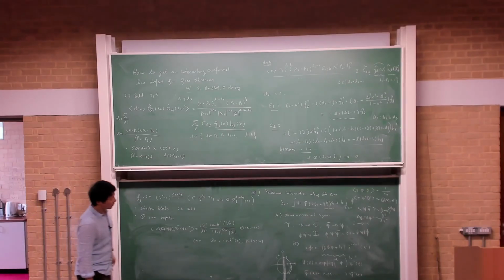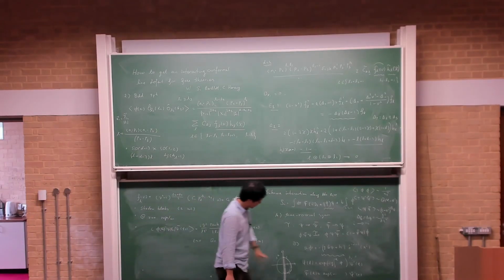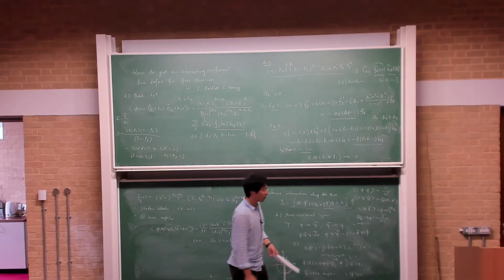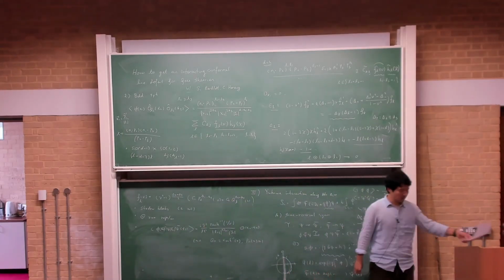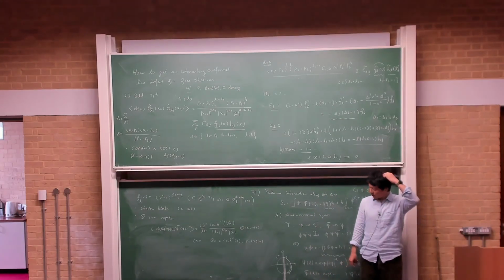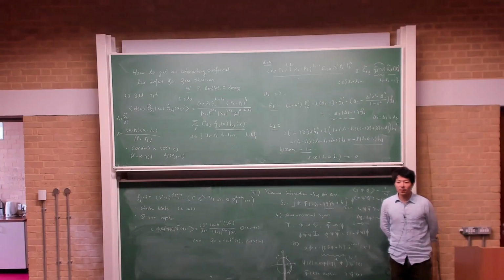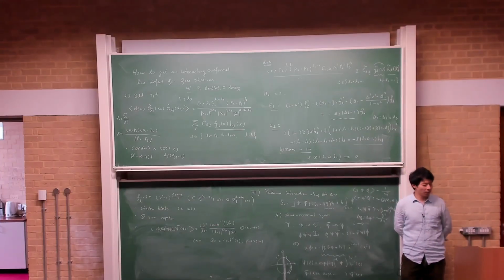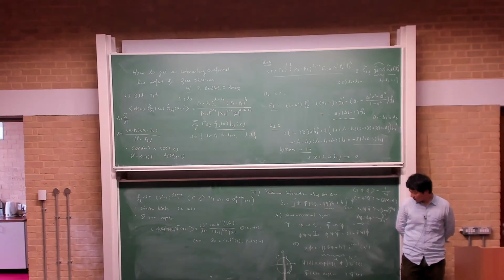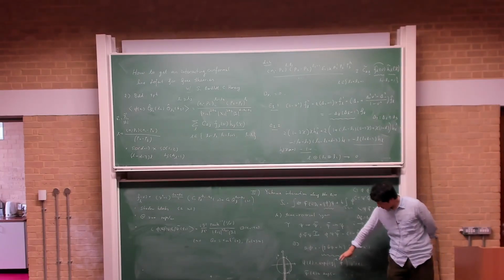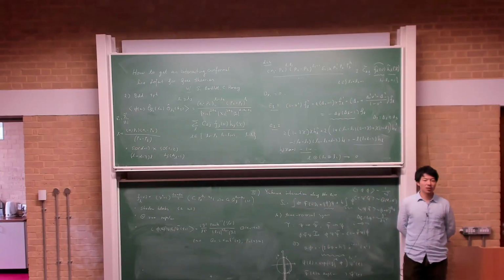This is because of the field redefinition. Once we perform the path integral, we calculate the partition function on this sphere, and performing this field redefinition, the measure for the fermion part actually gets cancelled.